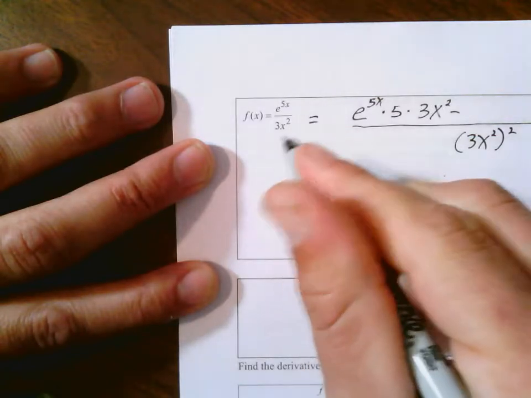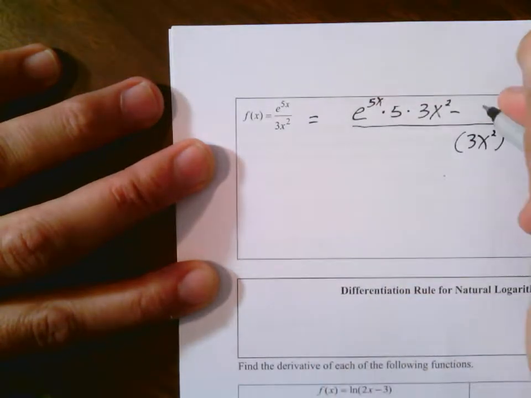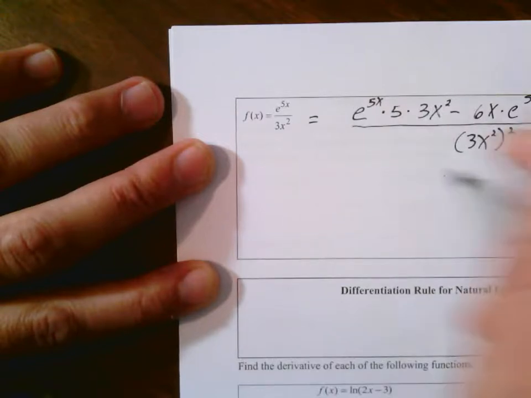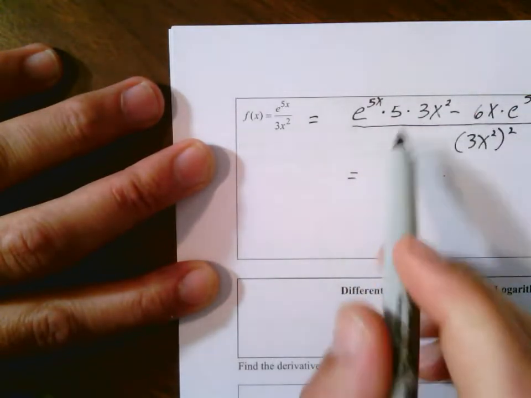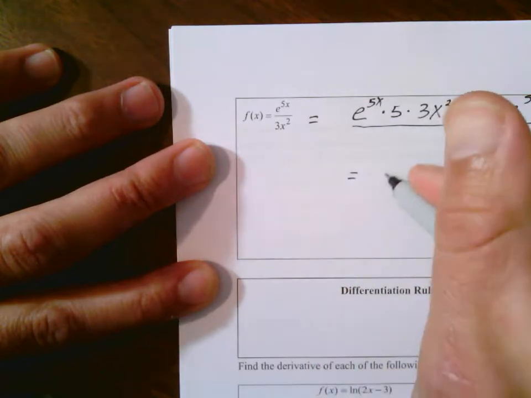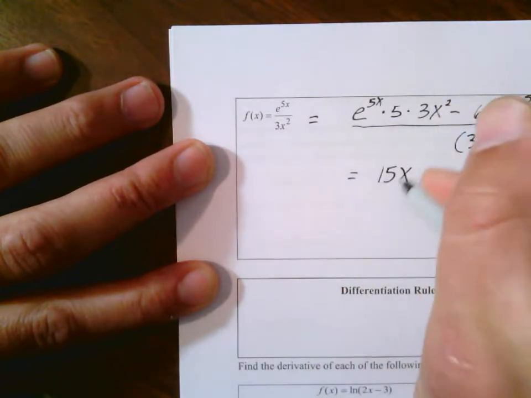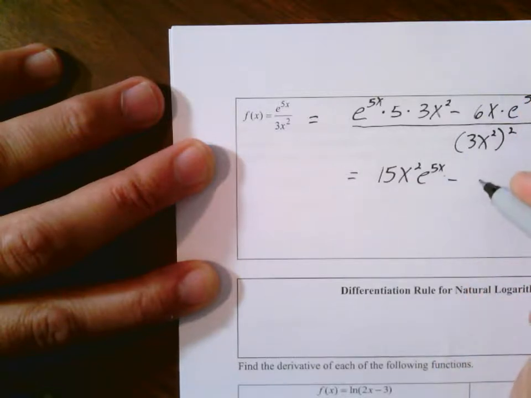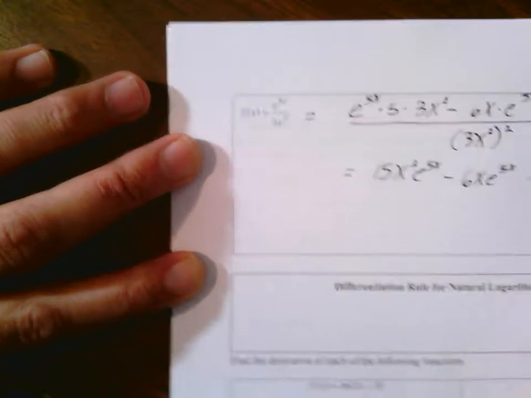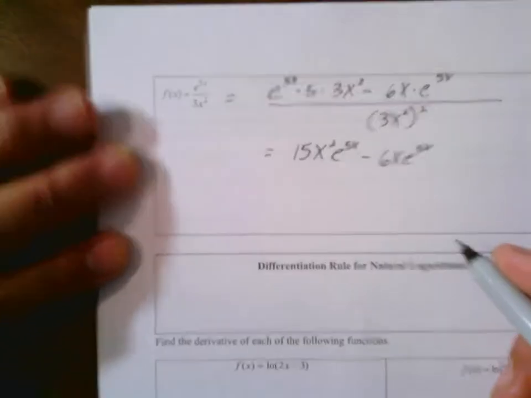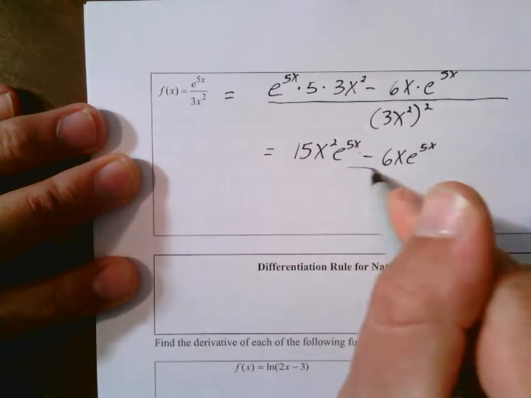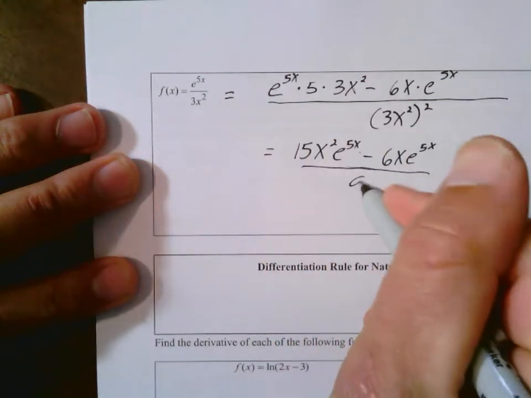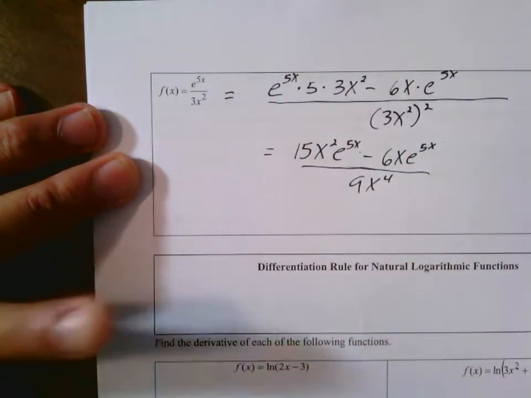Now the derivative of the bottom is 6x times e to the 5x. All of this multiplies out: 15x squared e to the 5x minus 6x e to the 5x, all of that over 9x to the 4th.